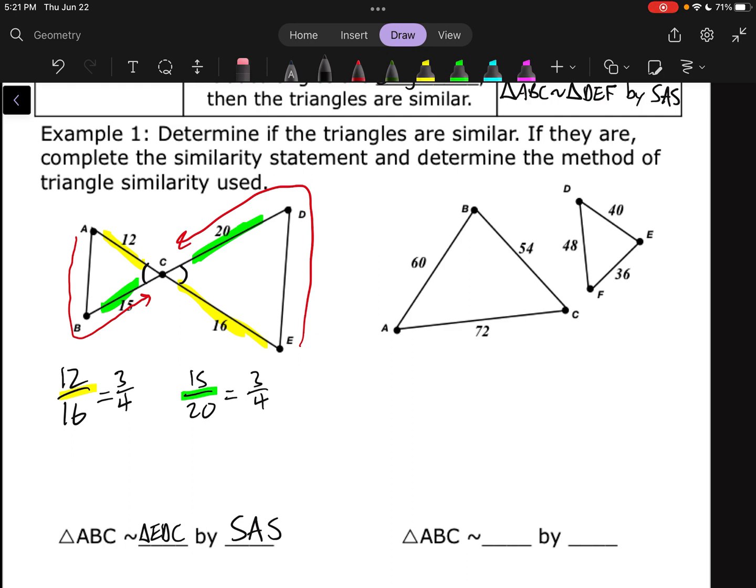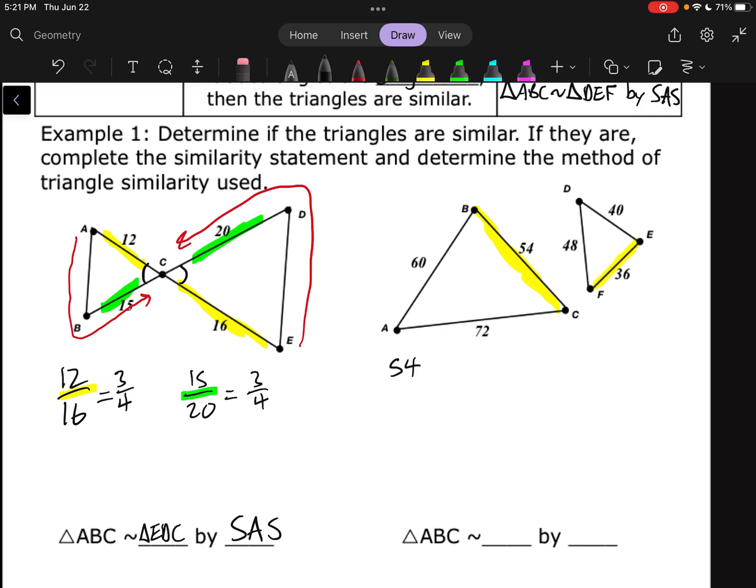Now this one, I don't have any angles, so this has to be side, side, side if it's going to be anything. But let's check to make sure that these sides are actually proportional. Now this thing's been spun around. Let's be careful about this. The smallest side on ABC is 54. That needs to go with the smallest side over here, 36.